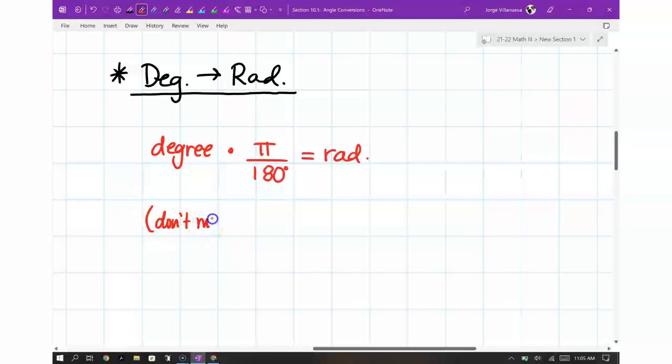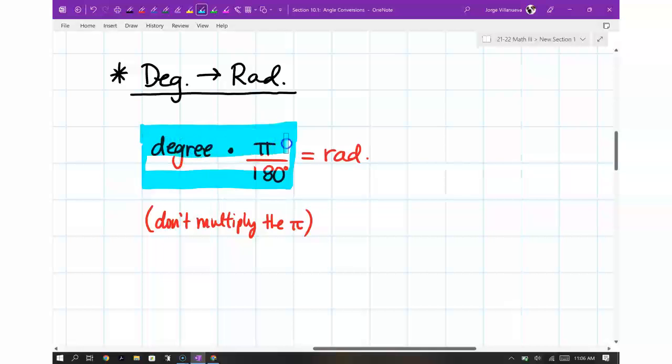Don't multiply the pi. Leave the pi alone. So your answer should be like 5 pi over 3, 7 pi over 9. Okay, there should be a pi there. Don't multiply it out. But that's basically it. This is the formula you need to know in order to go from degree to radians.